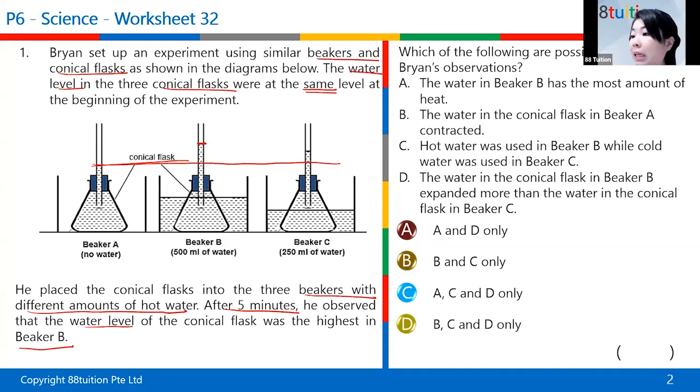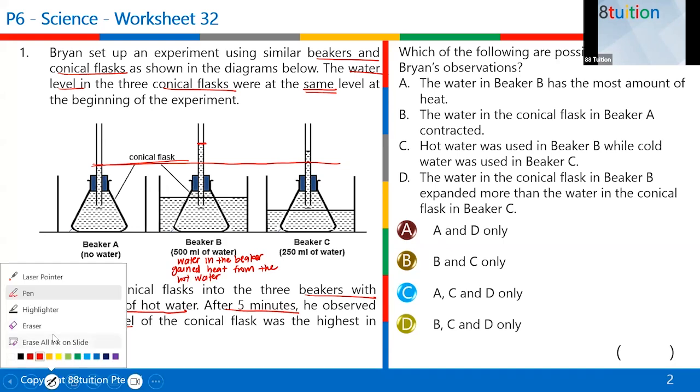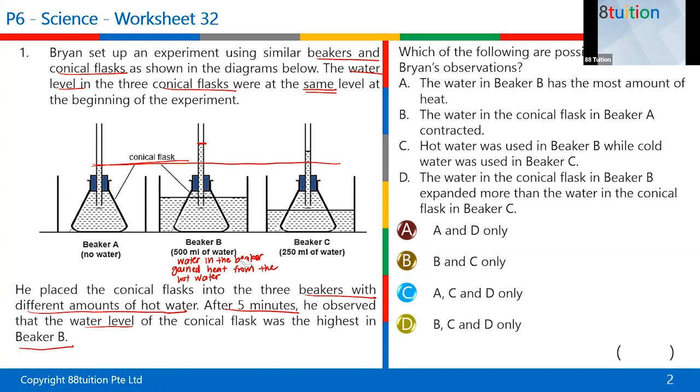Okay, so let's make this a little bit more clear. The water, copy down, in the beaker gained heat from the hot water. Wait, sorry, it should be the water in the conical flask.